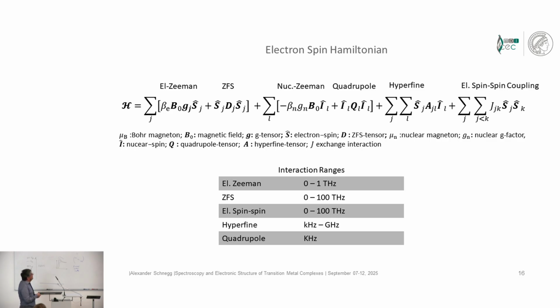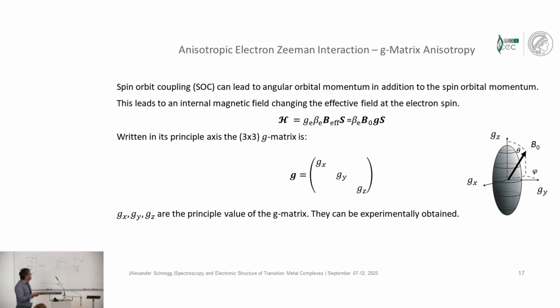So you can have very large ranges, and this is important to know, because the proper choice of the magnetic resonance experiment depends on what you are after. And this will actually be the rest of my talk, to show you a few examples of what methods you can apply to extract particular interactions from your sample and relate them to the properties of your sample.